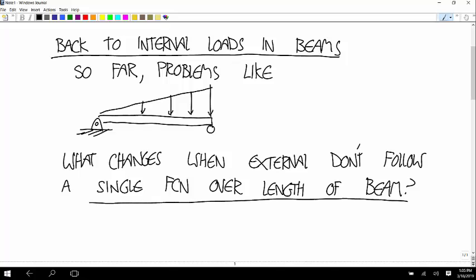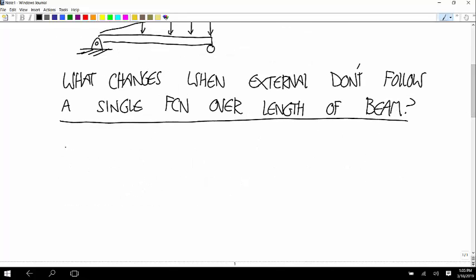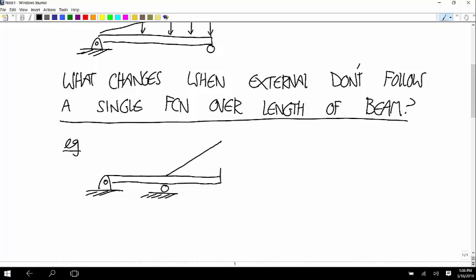Okay, so for example, let's say that instead of that roller being at the end of the beam, it's at the midpoint. And that distributed load, instead of going over the entire beam, is like this.